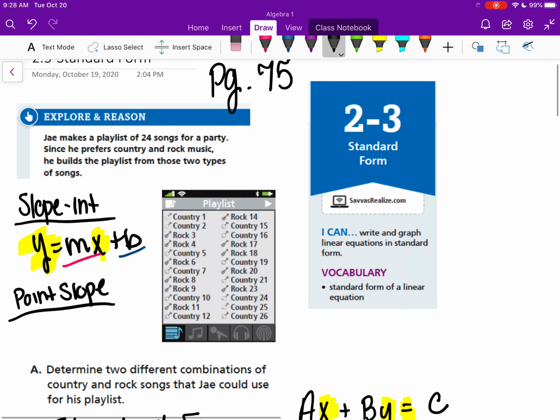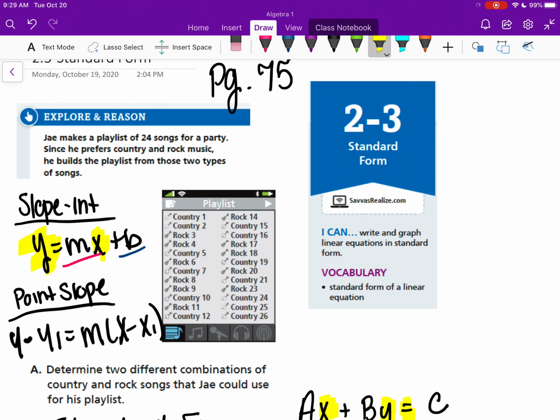The next format we learned was point-slope form, y minus y1 equals m times x minus x1, where we still had our y equals x, and we had the m that represented the slope of the line, and this time we had a point on the line, x1 and y1.